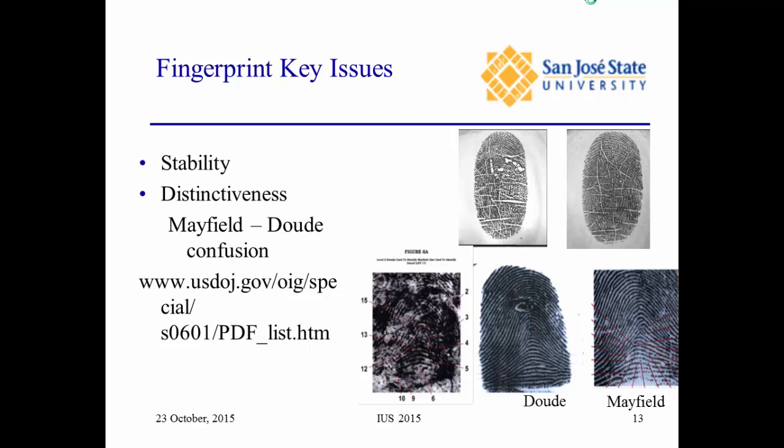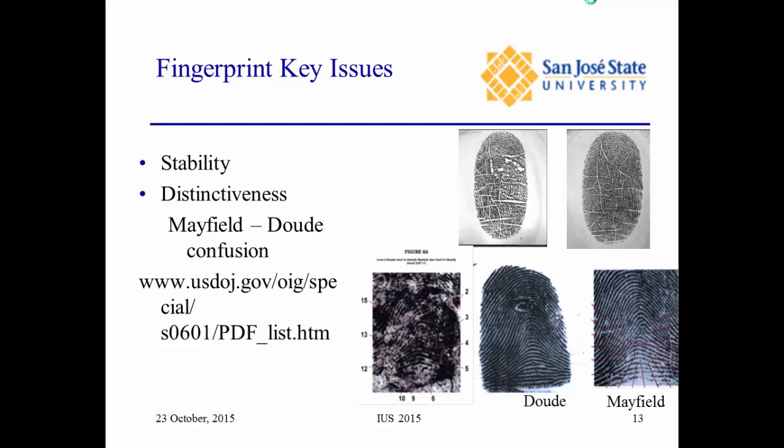What is the distinctiveness of a fingerprint? Well, there was a very famous case about 3 or 4 years ago in the United States where a lawyer from Oregon was mistaken for a terrorist in Spain and was put in prison for 2 weeks and ultimately given $2 million by the FBI for their mistake.